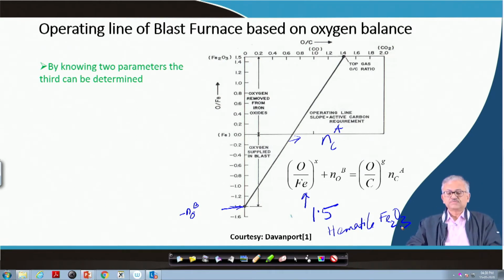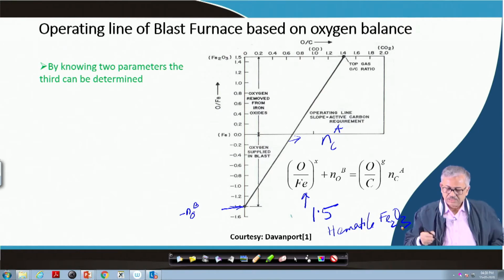So, 1.5 is the input ore, and so we have basically three unknowns here.